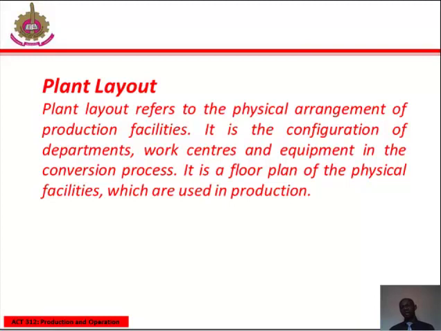According to Moore, plant layout is a plan of an optimum arrangement of facilities, including personnel, operating equipment, storage space, material handling equipment, and other supporting services, along with the design of best structure to contain all these facilities.